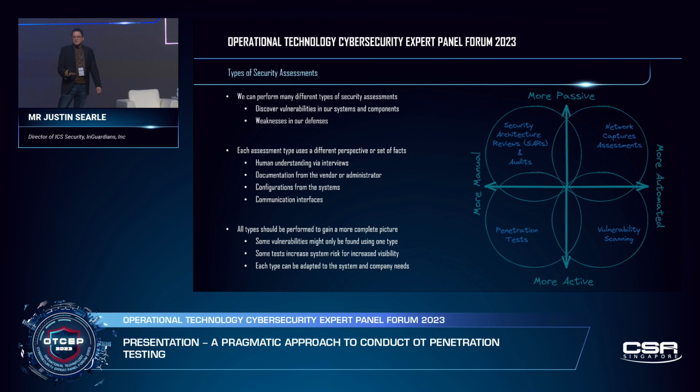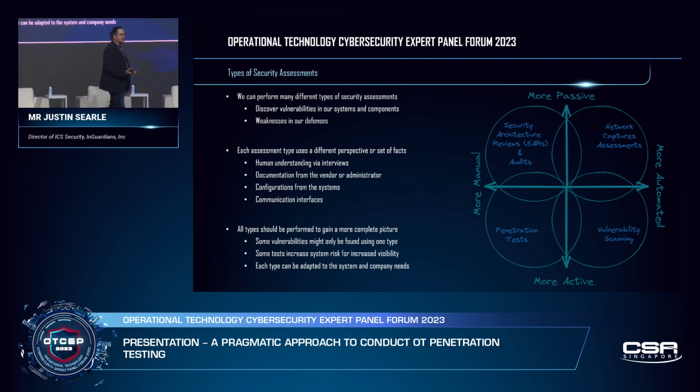Some assessment types focus on things like audits or architecture reviews, and use the information learned from interviews to determine your risks for these environments. Other assessment types might look at documentation from the vendor or from an architecture team inside of a company. Some might use configurations from the devices themselves to determine what risks or vulnerabilities are present.